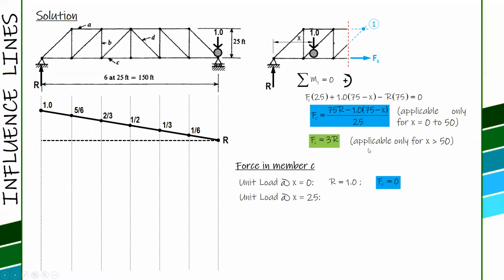And then next, when x equals 25, the R is 5 over 6. Substitute 5 over 6, 25, and the answer is 0.5. And then x equal to 50. Here, the reaction is 2 thirds. Substitute 2 thirds, 50. That gives FC.